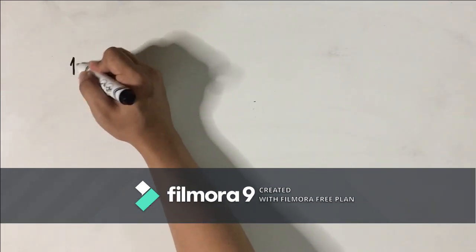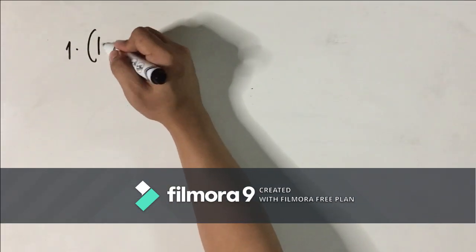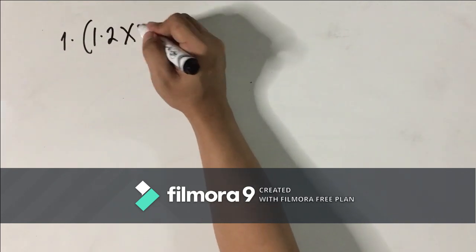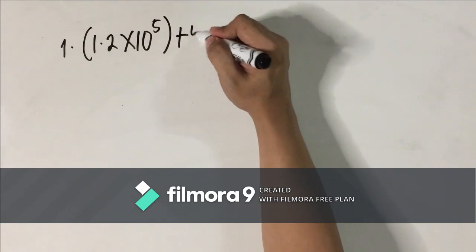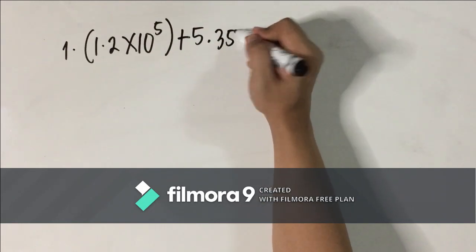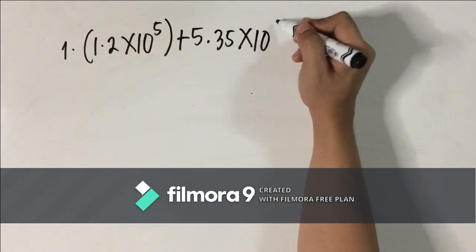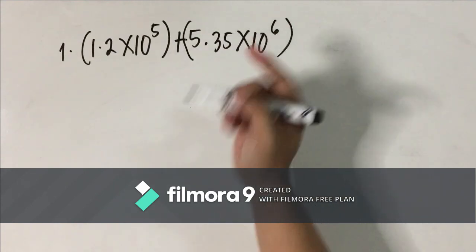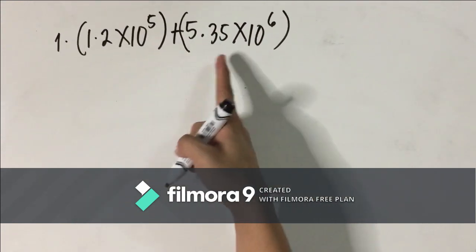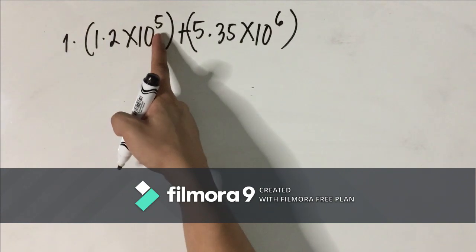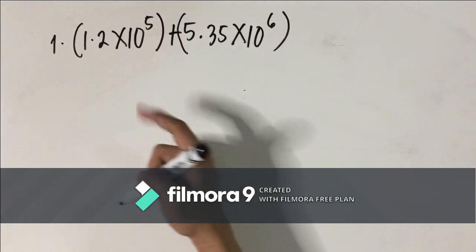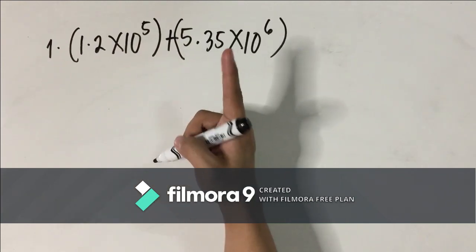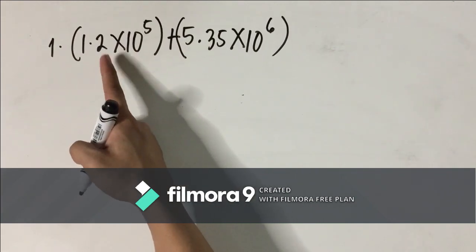So let's have example number 1. We have 1.2 times 10 raised to positive 5, and we have to add that to 5.35 times 10 raised to positive 6. So, applying the rule, we have to properly analyze between the two which one we will move in order for them to have the same exponent. So, we've decided to work with 1.2 times 10 raised to 5.